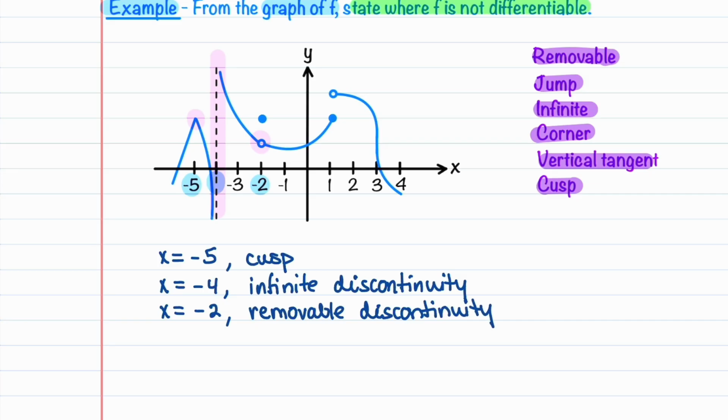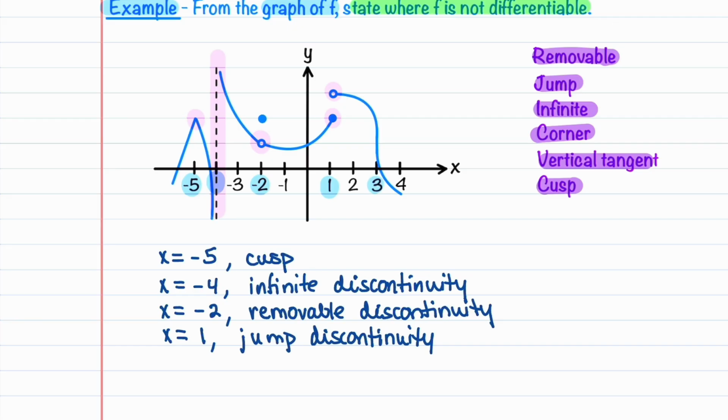Now let's go over to where x is equal to 1. Here we have what's called a jump discontinuity. So our function is also not differentiable at x is equal to 1. And we'll write down jump discontinuity. And then we have one more point to look at, and that is where x is equal to 3.